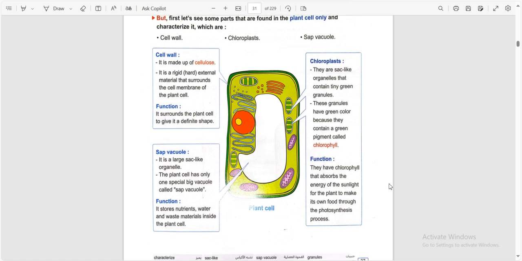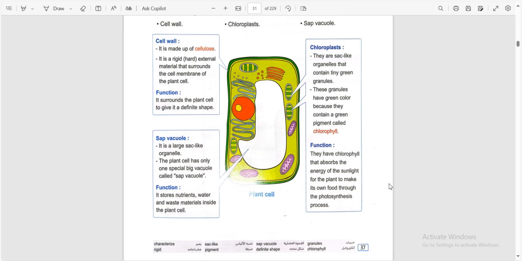And the chlorophyll absorbs energy that comes from the sunlight, and it makes the food for the plant, which is the photosynthesis process. So through the light coming from the sun, the plant makes its own food through the photosynthesis process by the help of the chlorophyll inside of the chloroplast.